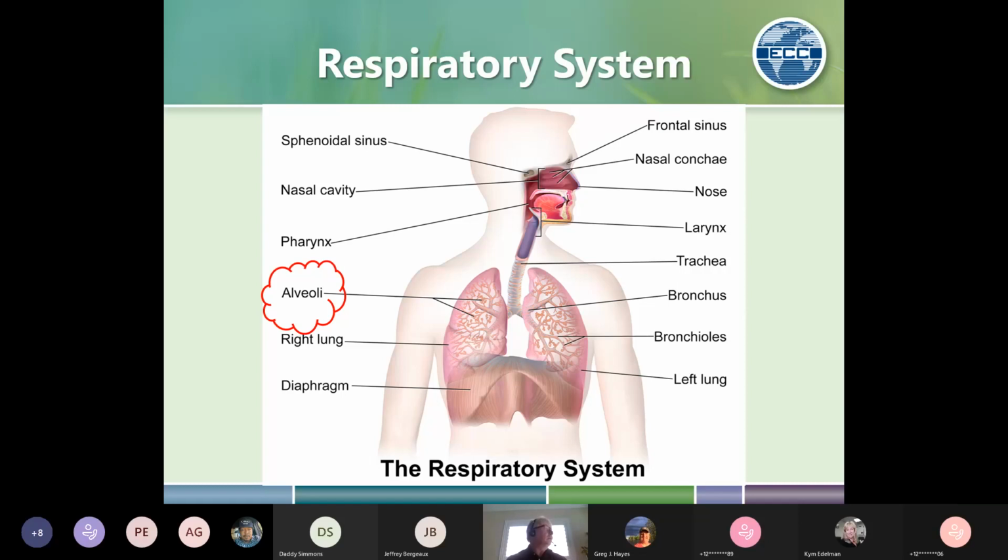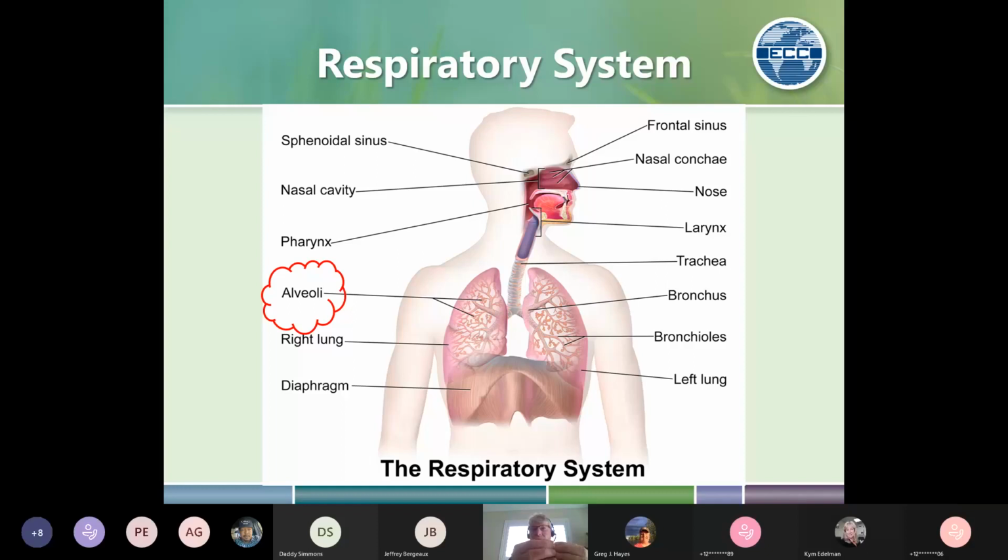Let's talk a little bit about the respiratory system. When you breathe in, air is always going to have a certain amount of particulate matter in it. And your lungs are sort of like a sponge material, right? So the purpose is that all those surface areas in the deep recesses, what are called the alveoli, these sacs that the bronchial tubes end up in, are there for gas exchange.